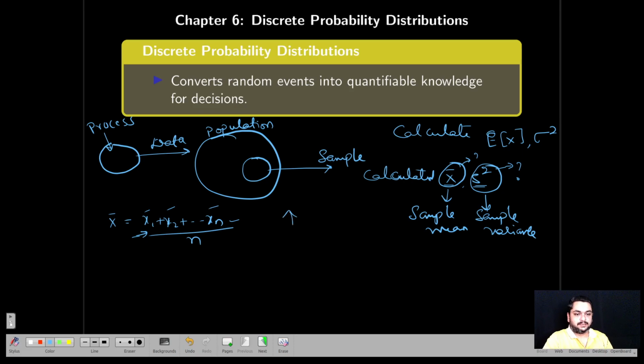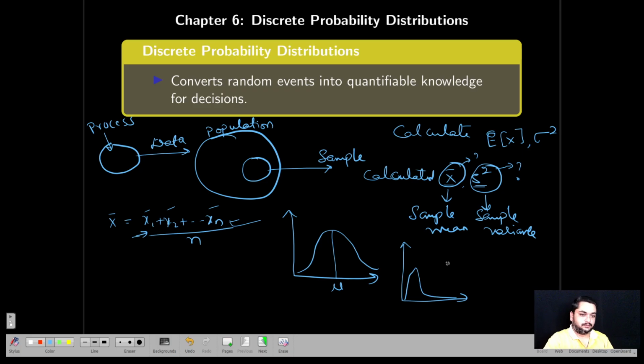What it means is, I told you, this applies when the distribution is symmetric. That means your central point is here, the central tendency, that is the mean, for example. Now suppose the distribution is skewed. I cannot apply the summation of this, because I will not get the exact value.